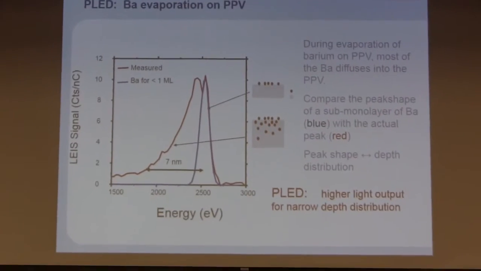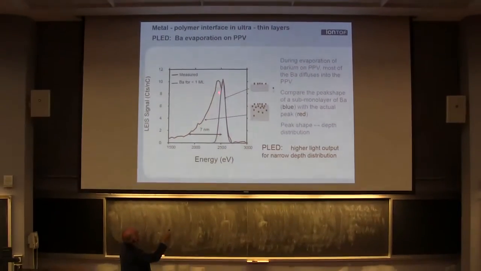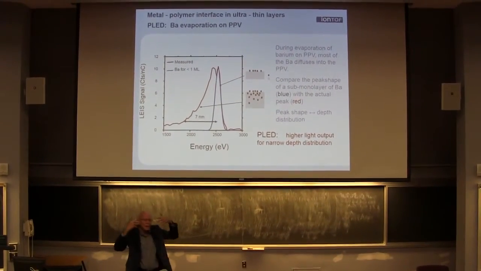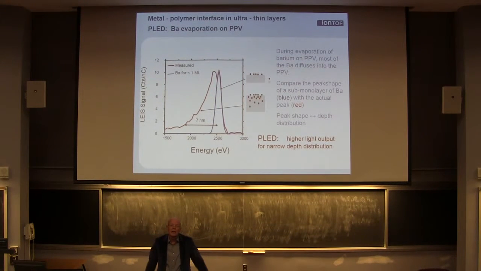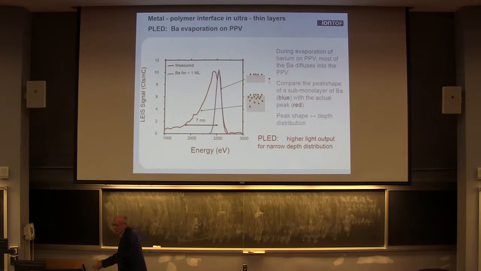And the asymmetry tells you that in reality, the barium immediately diffused down to about 7 nanometers. So unless you are clever and play tricks, you cannot avoid that, and you lose a lot of sensitivity. So in our lab, we did this in situ while making these layers. We could immediately transfer it to the LEIS and see how that works.